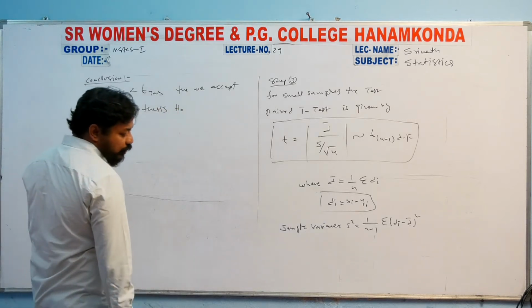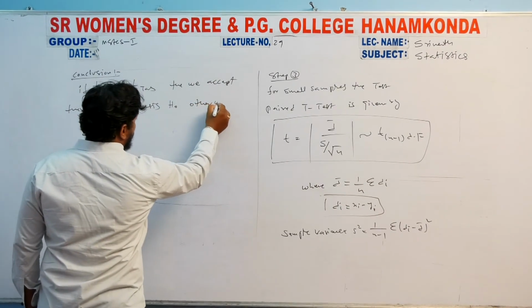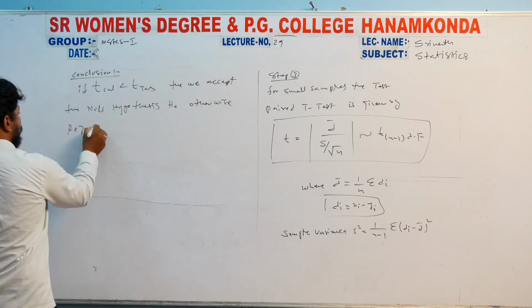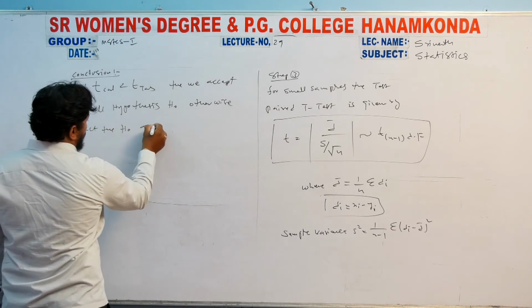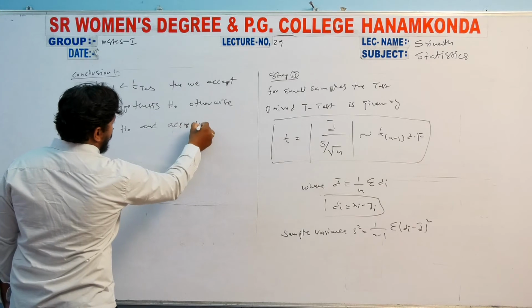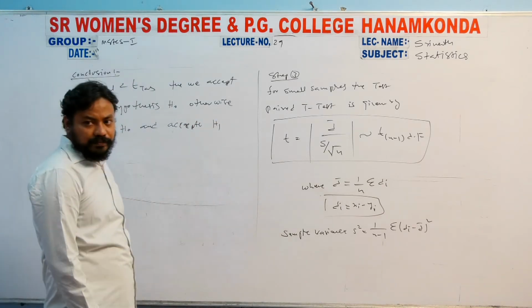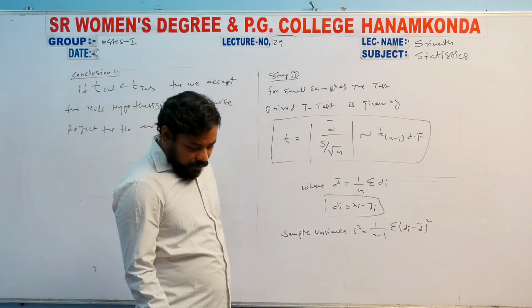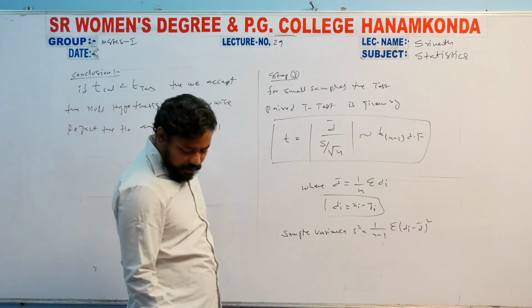Otherwise, we reject the null hypothesis and accept the alternative hypothesis H1. This is all about the paired t-test.